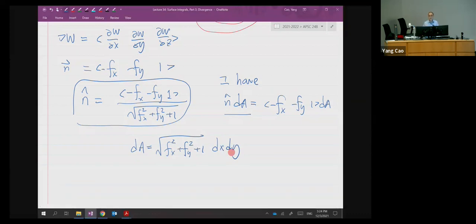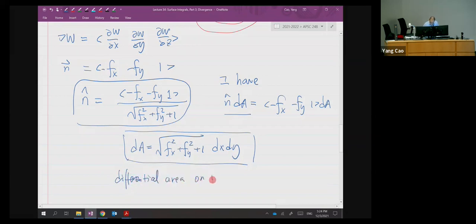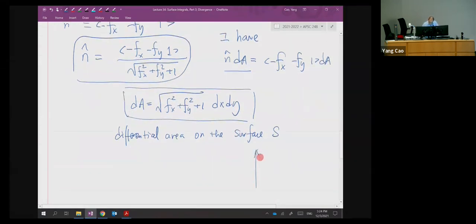That make sense? So this dA, let me write down a little bit more. This is called a differential area on the surface S. If you have a surface, and you create a very small patch over here, dA, that's what dA is.